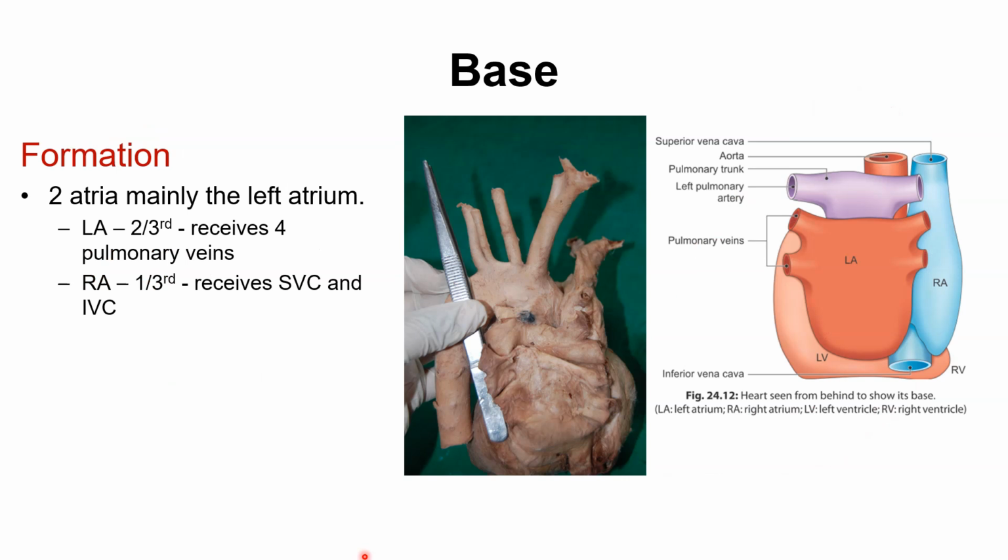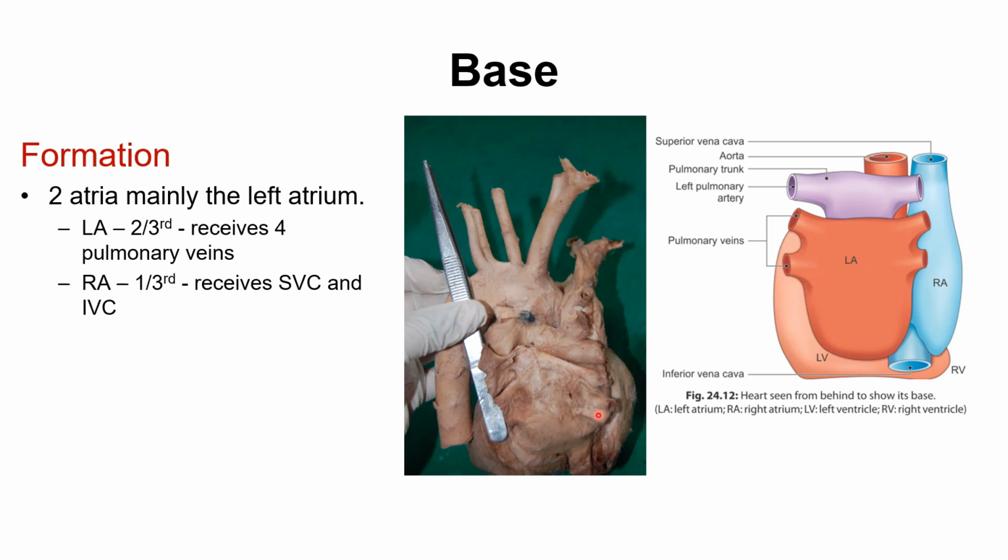In this picture, you can see the formation of the base by the two atria, and it is mainly by the left atrium, which contributes 2/3 of the base, and it receives the 4 pulmonary veins you can see in this picture.